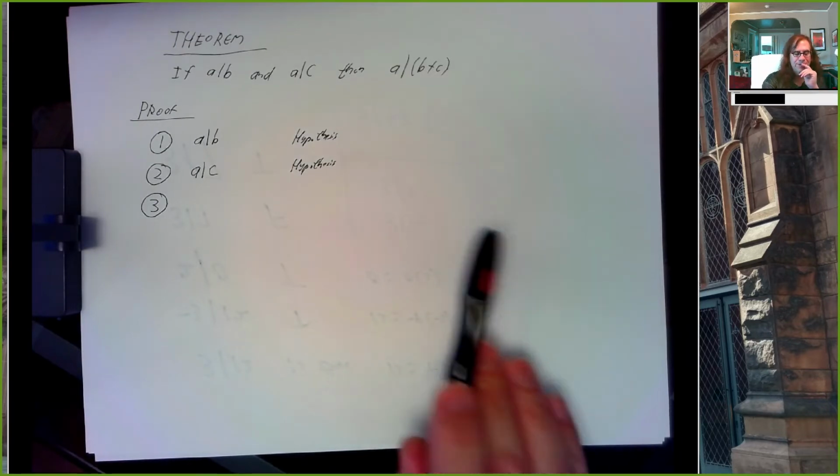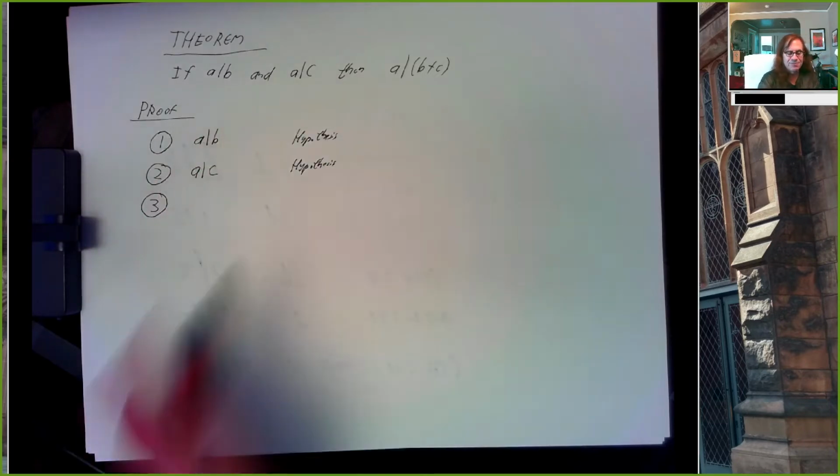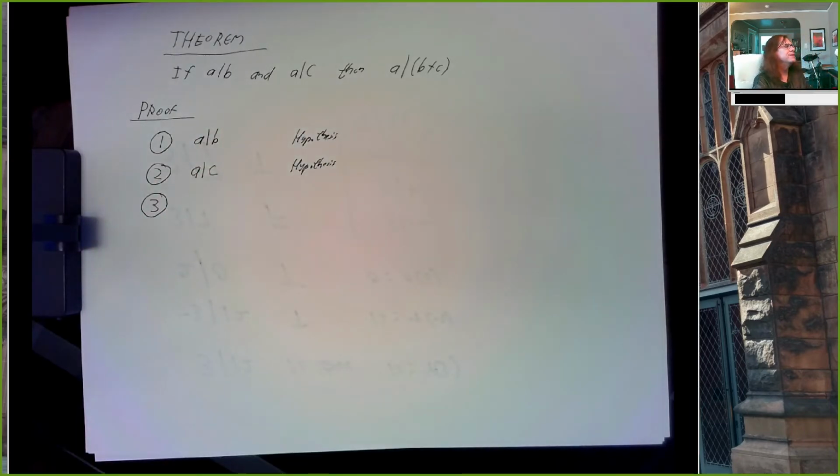And then hope that we can eventually get to here. So this is hard. We don't have a lot to work with yet. We've only got 2 things written down. And we've used all the stuff we were given. A divides B, A divides C. But there still is one thing we can do. Develop an example of conclusion.